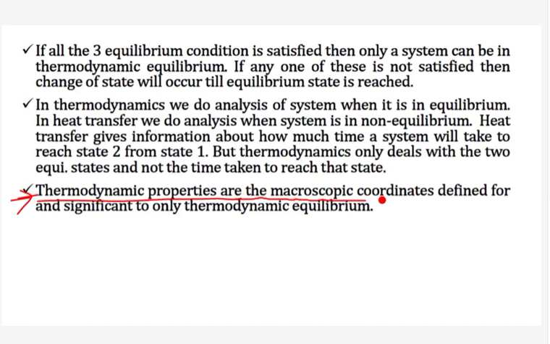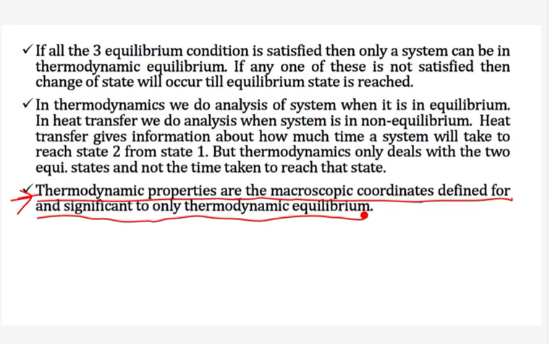Next we will proceed to this point: that macroscopic coordinates are defined for and significant only to thermodynamic equilibrium. That means these thermodynamic properties we can only define when the system is in thermodynamic equilibrium.